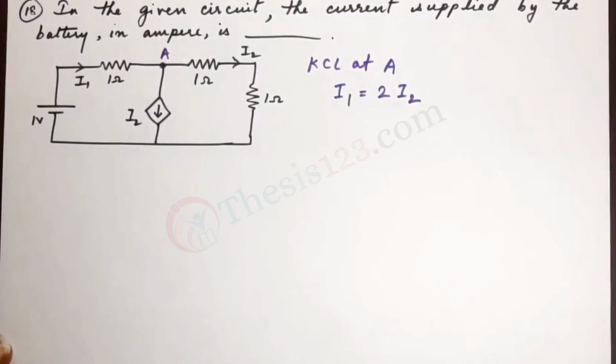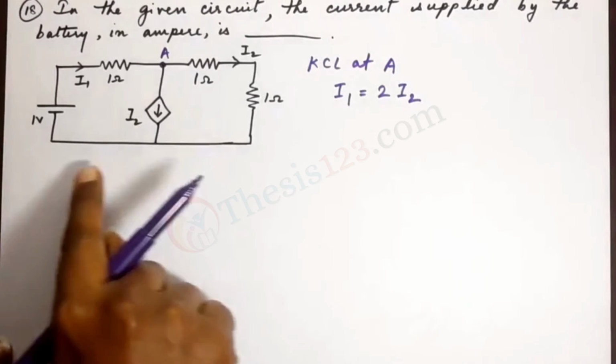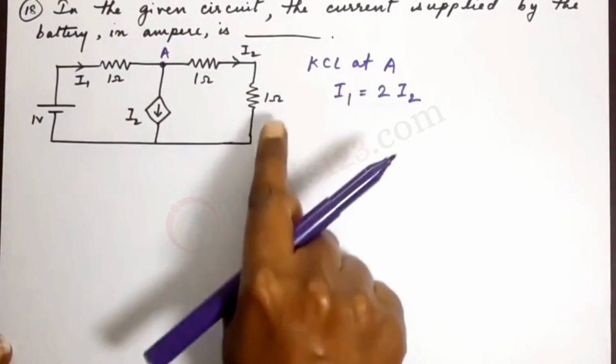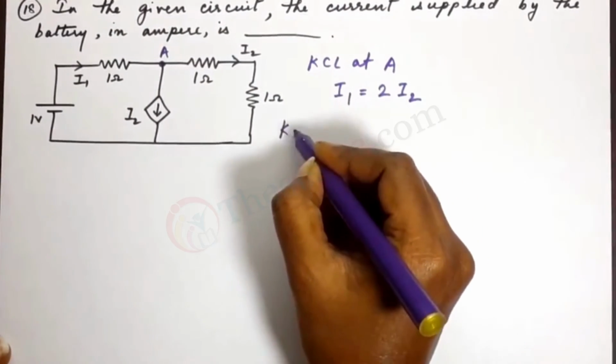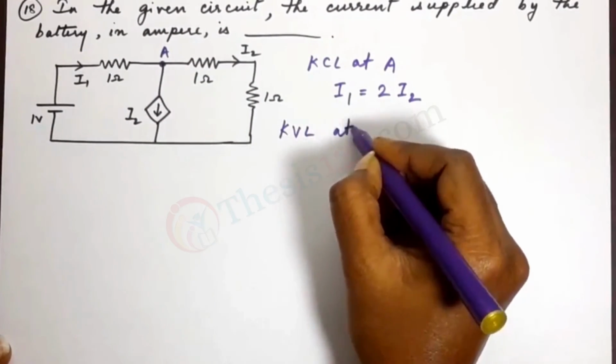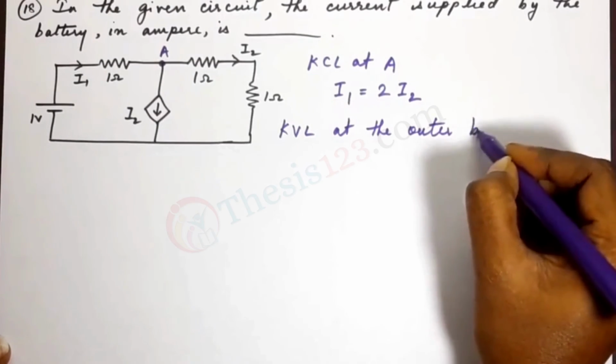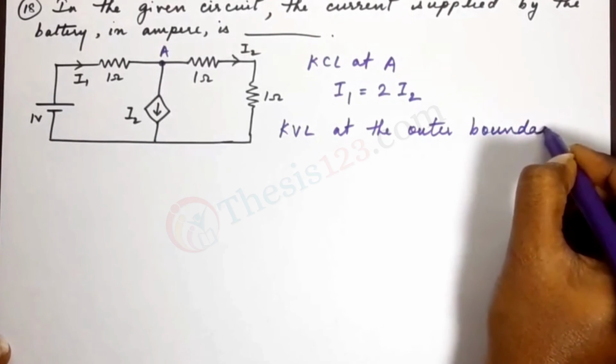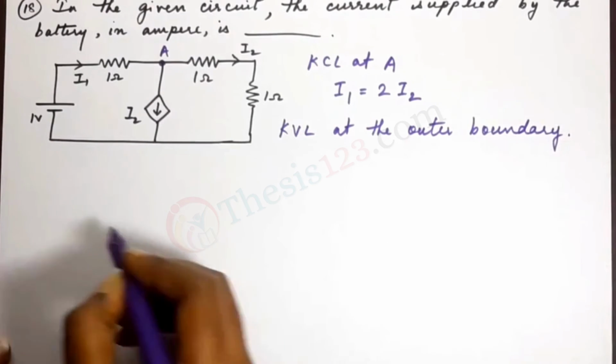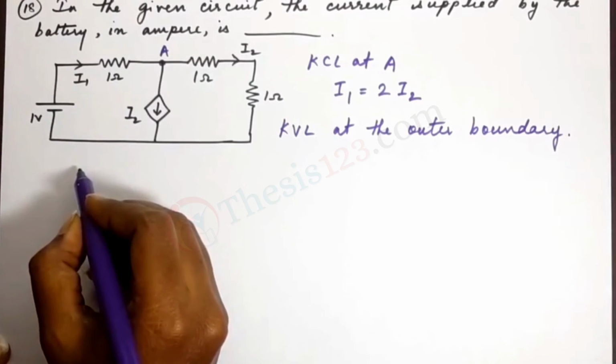Now that we have found the first relation, let's apply Kirchhoff's voltage law at the outer boundary of the entire circuit. Let's see what we get here.